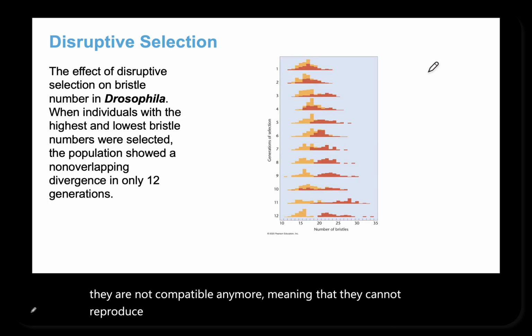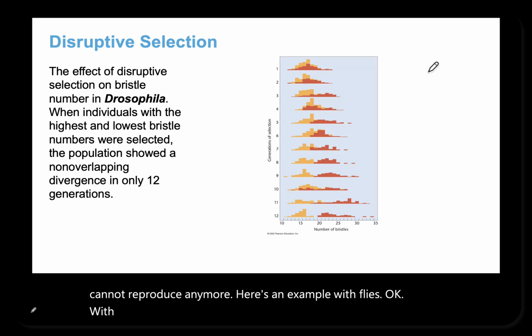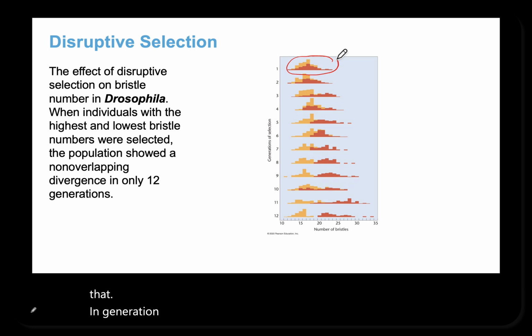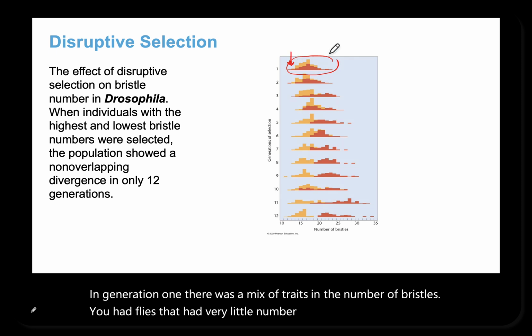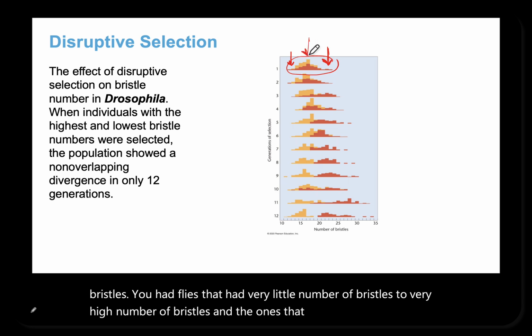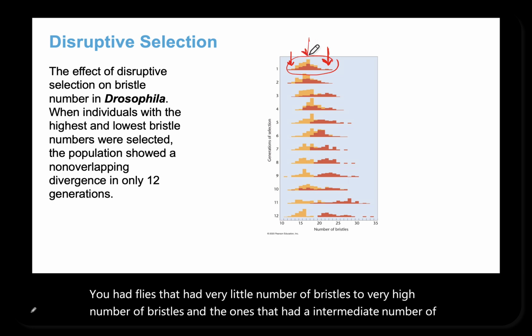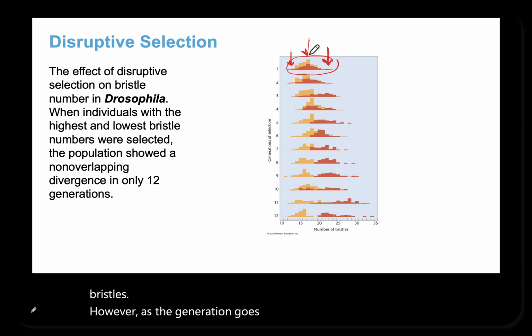Here's an example with flies, okay? With the bristle number in flies. What you are observing here is that in generation 1, there was a mix of traits in the number of bristles. You had flies that had a very low number of bristles to a very high number of bristles, and the ones that had an intermediate number of bristles. However, as the generations go on, those traits in the extremes start being selected.